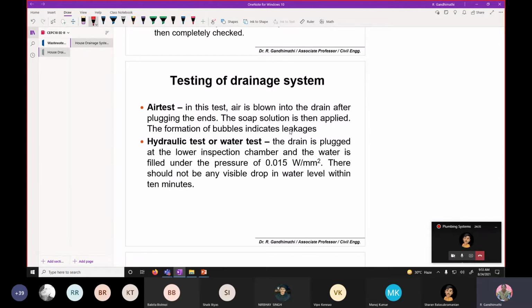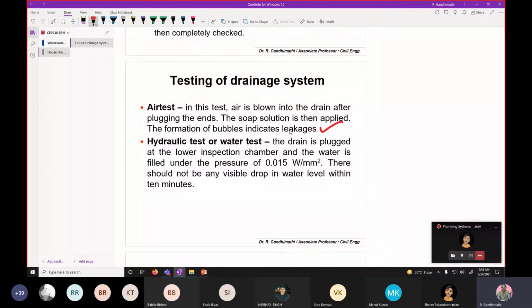Like in a cycle shop, if there is a puncture in the tube, they fill the tube with air and then apply soap solution outside, and you can see the formation of bubbles. In the same way here, we fill the drains with air and then apply soap solution. The formation of bubbles indicates the leakages. That is called the air test.